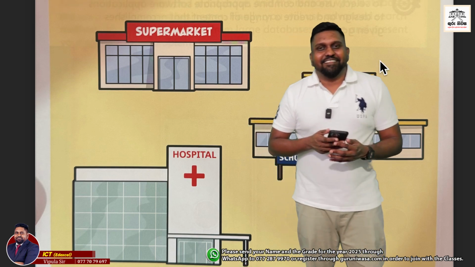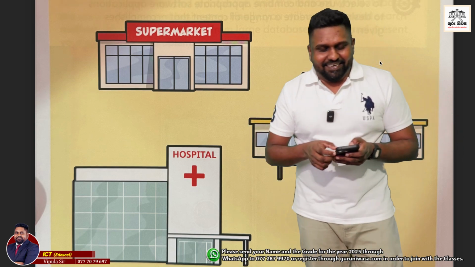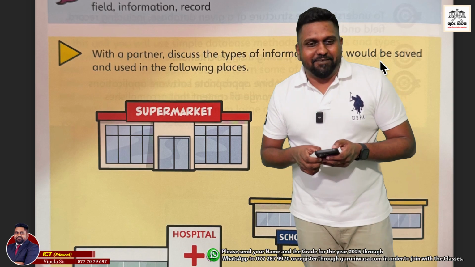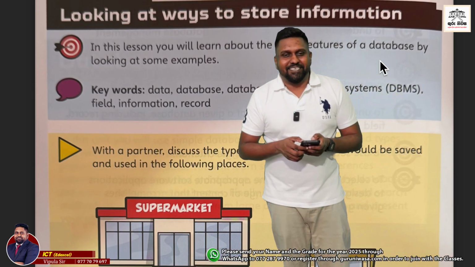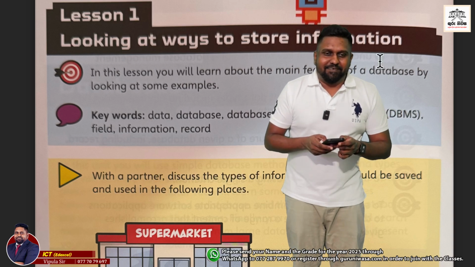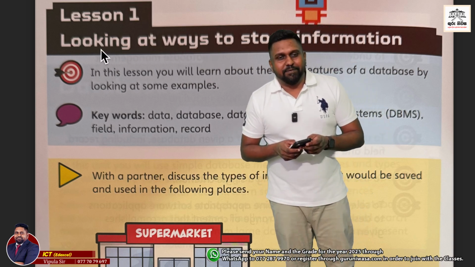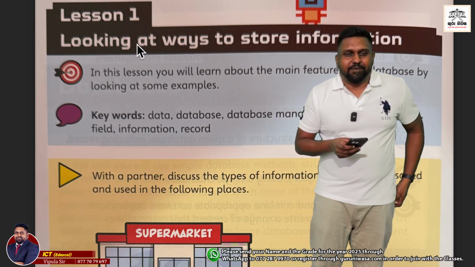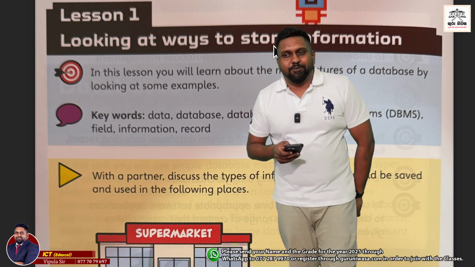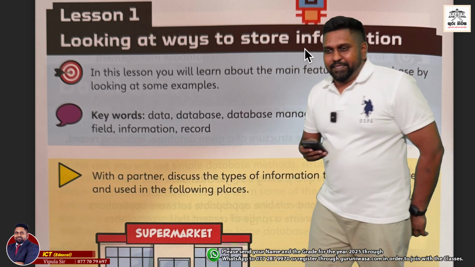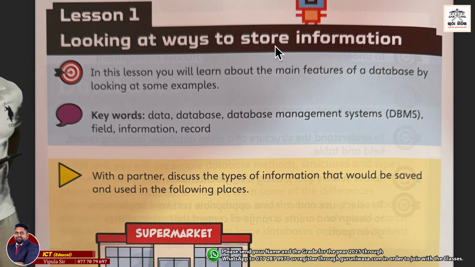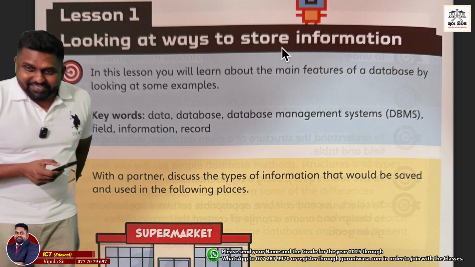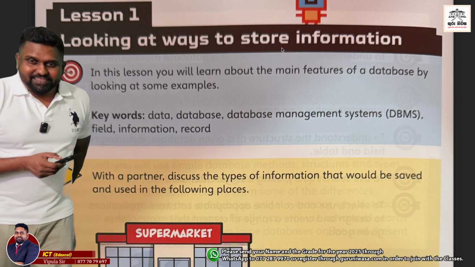හරි? Okay, so in your book, let's put the topic as information. හරි? Types of information. topic එක ලියන්නකෝ. අපි මේක ලියන්න topic එකට looking at ways to store information. Dinanya, you also write.